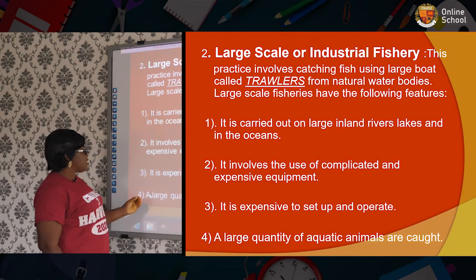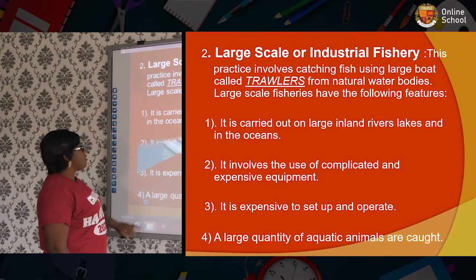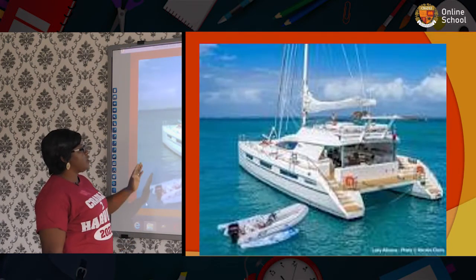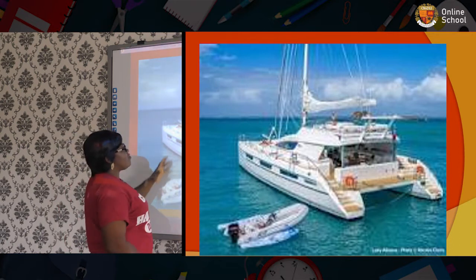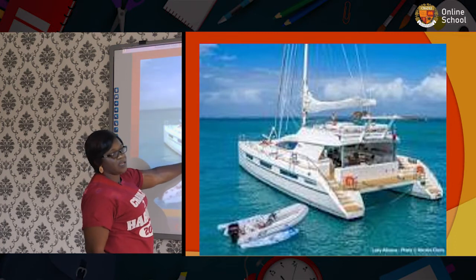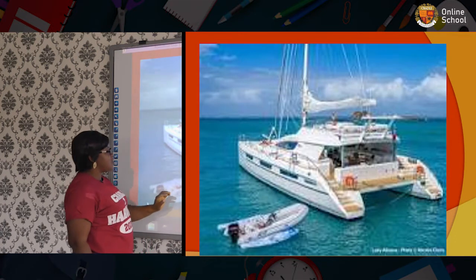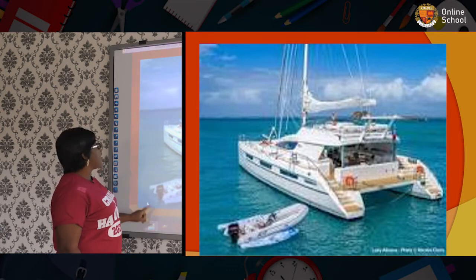Then a large quantity of aquatic animals are caught when you are using trawlers. Look at the picture of the trawler here. You can see it on water, very massive. Everything is controlled here by this equipment in catching the fish from the ocean.